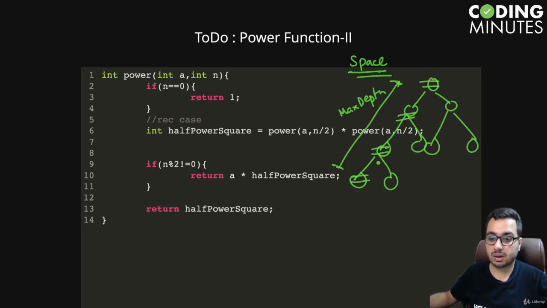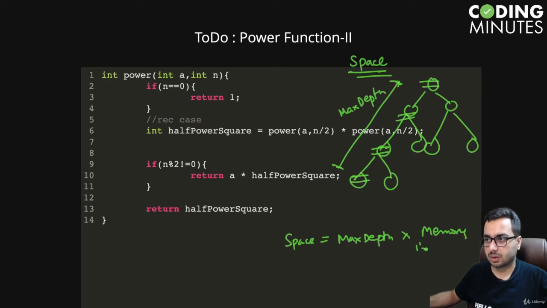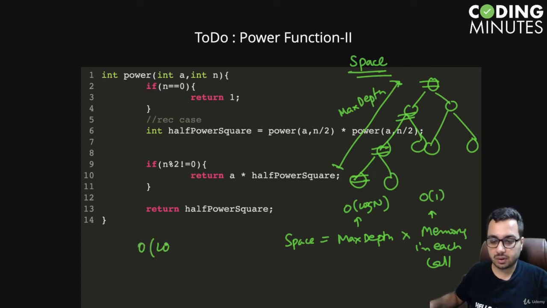So space is nothing but the maximum depth of the branch into the memory consumed by one node, that is, memory in each call. In each call we are using constant memory, so in this case it is order 1. The maximum depth is order of log of n. This code has a space complexity of order of log of n, and a time complexity of order of n. This is about space and this is about time.